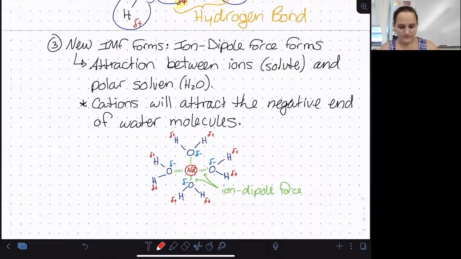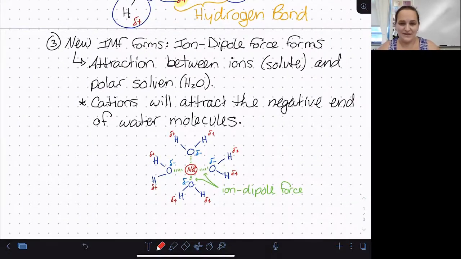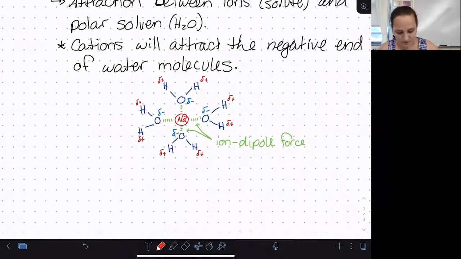Similarly, but opposite, anions will attract the positive end of the water molecules.